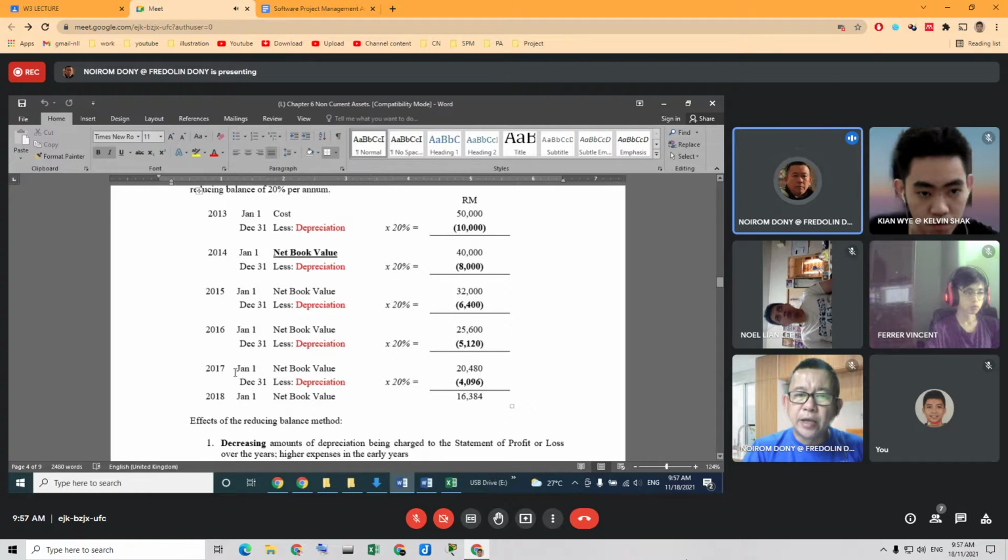And again, in 2017, December 31st, we provide depreciation: 20,480 times 20%, equivalent to 4,096. Then net book value is 16,384 in 2018, January the 1st. We did not put the figure in, just so that you understand how to get the value.